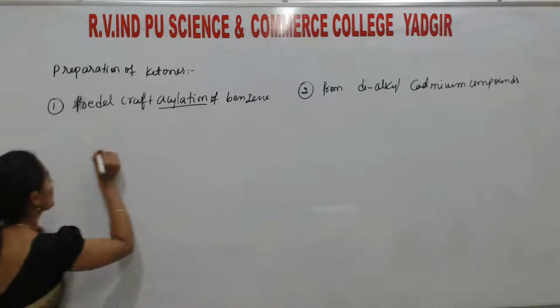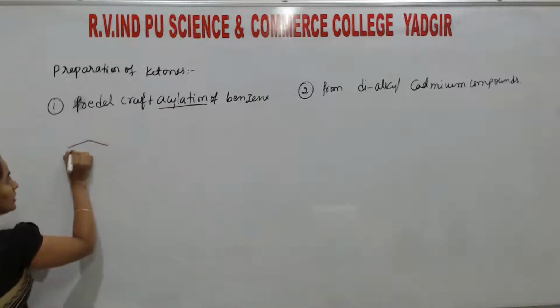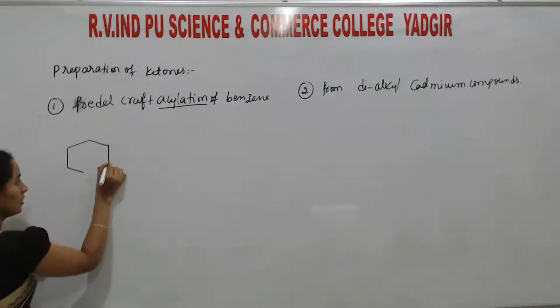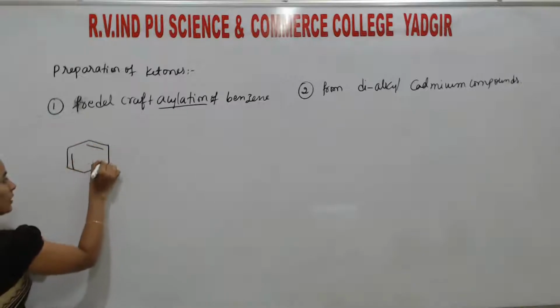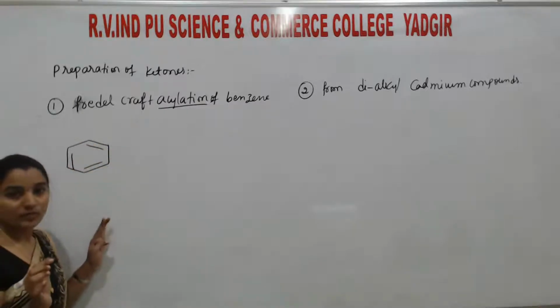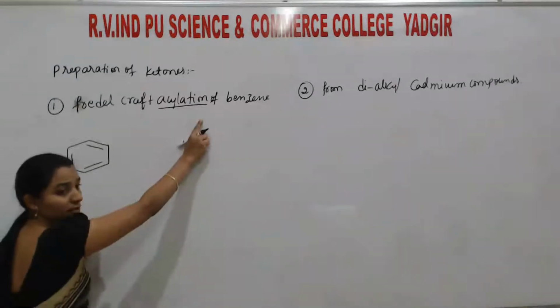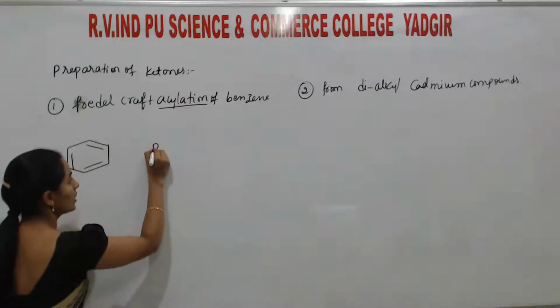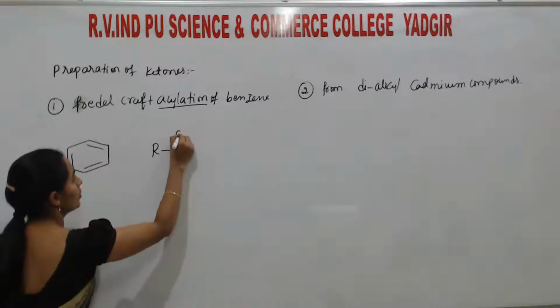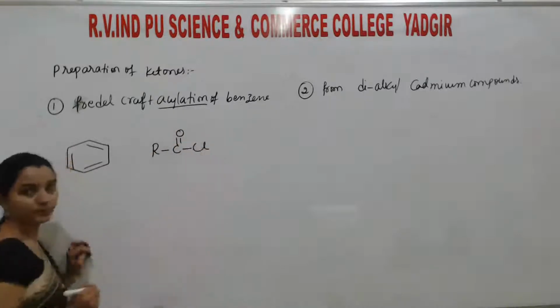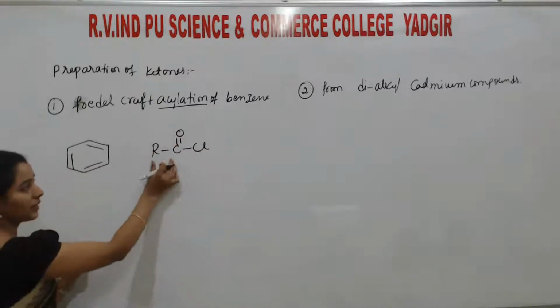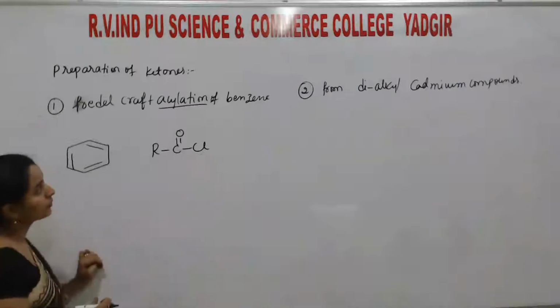Remember this word, acylation. So initially I will take the reagent as benzene. Acylation means we have to take acyl chlorides. Here acyl means we have to take RC double bond O, Cl. This is acyl, the RCOCl compound.